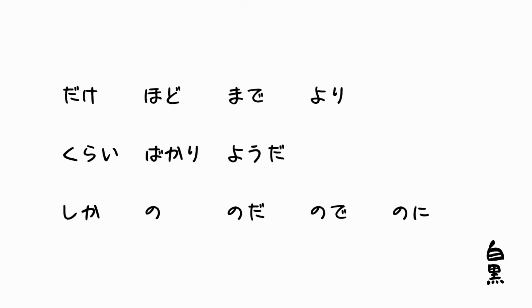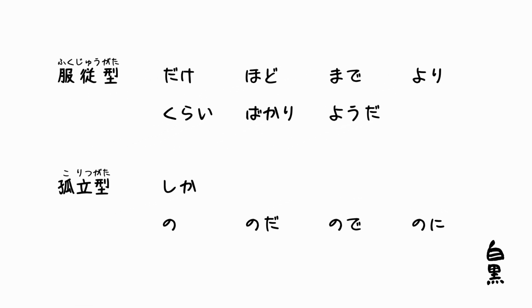Alright, now we have covered all the commonly used dependent words that attach to the rentaike of verbs, as well as their pitch accents. They are the follower type, だけ、ほど、まで、より、くらい、ばかり、ようだ, and the loner type, しか、の、のだ、ので、のに.